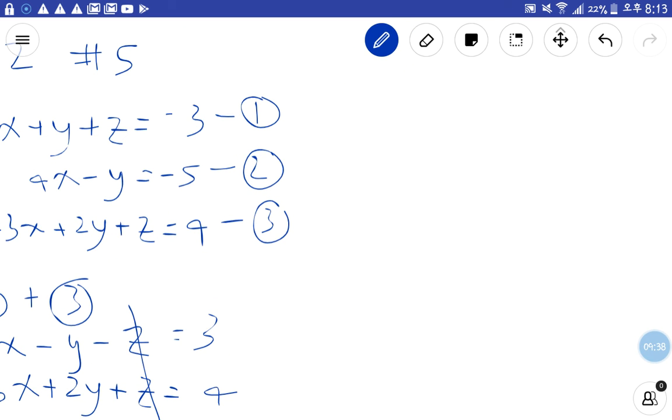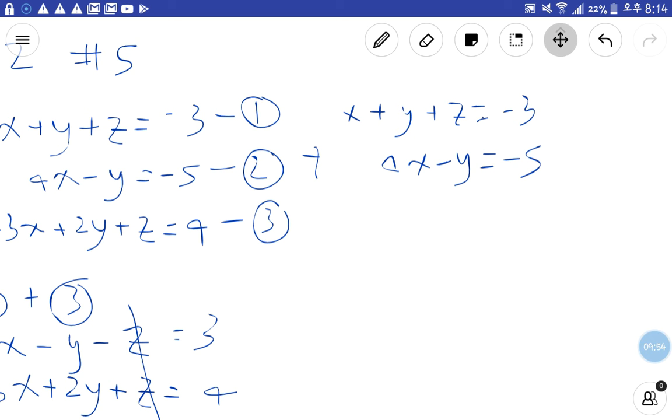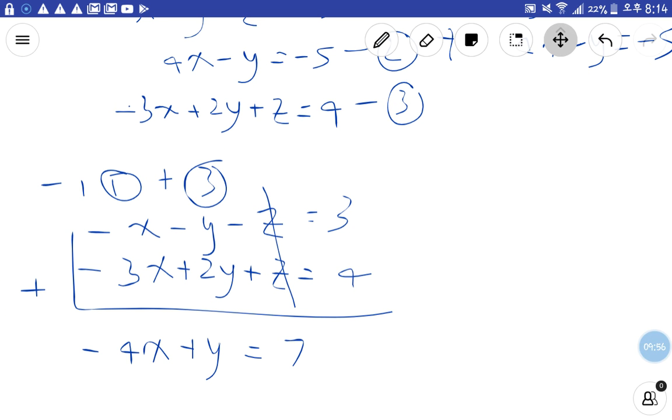So I'm going to do that here. Keep everything: x plus y plus z equals negative 3, and 4x minus y equals negative 5. Here is my third one, what we got before: negative 4x plus y equals 7.